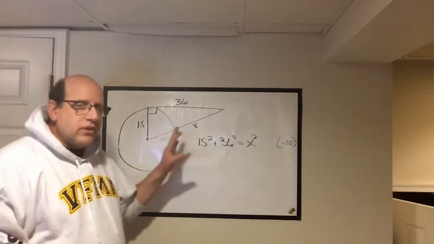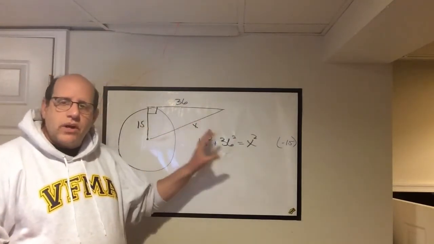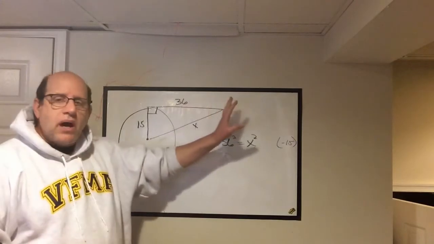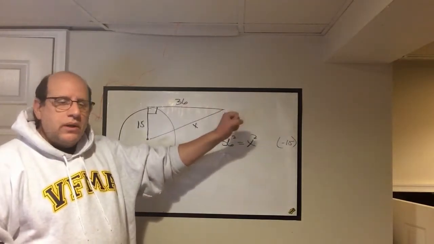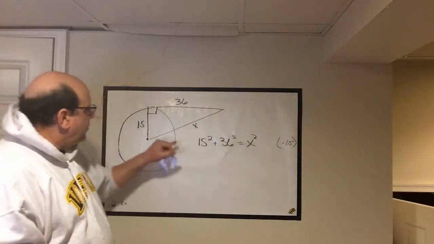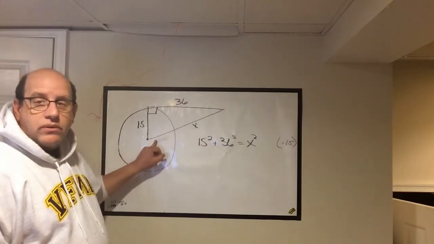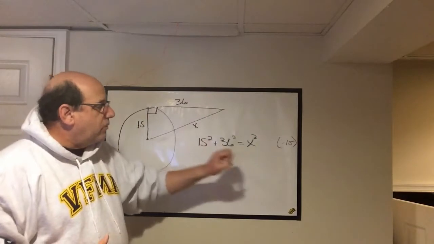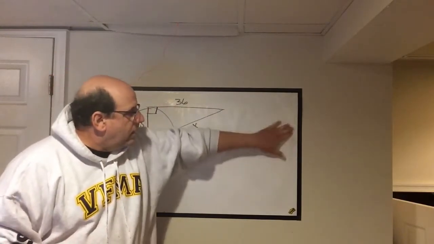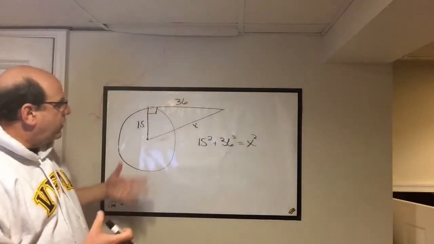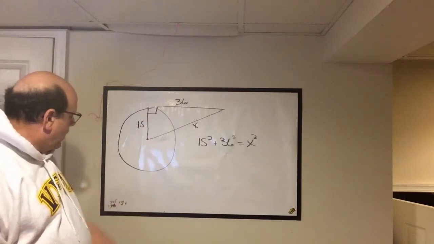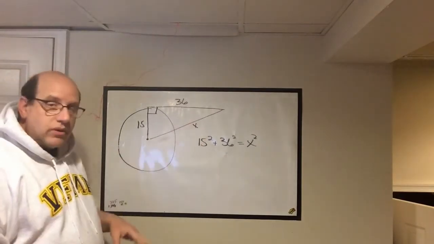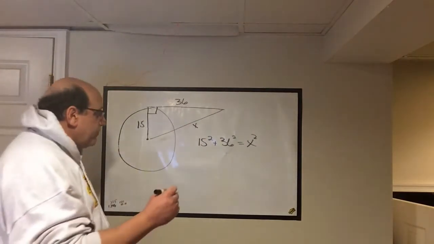So I'm going to stop and just go ahead and solve this for the entire hypotenuse, and then we'll back out the 15 that we already know of. Right? So if the total length is 39, which is what we get to, then 39 minus 15 is 24. That is our answer. And I'm going to show you how we get there.